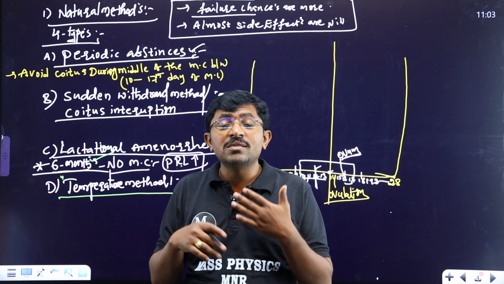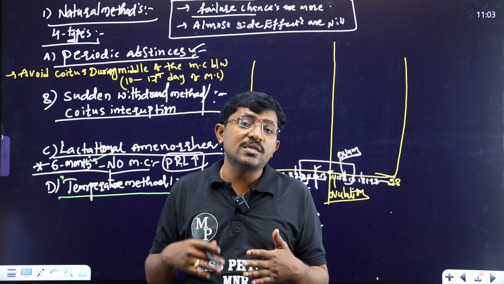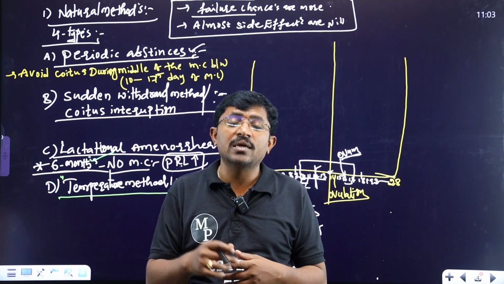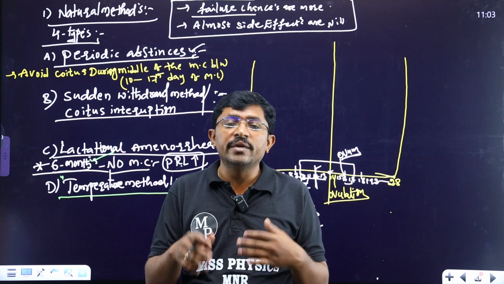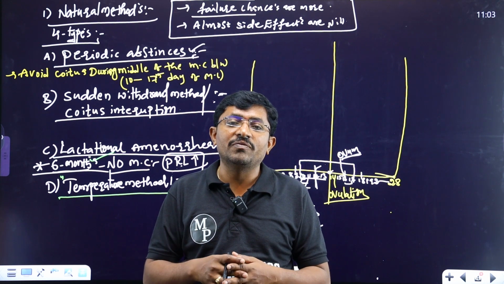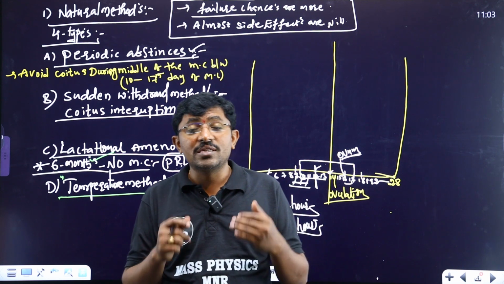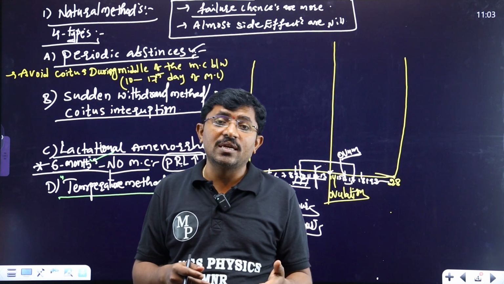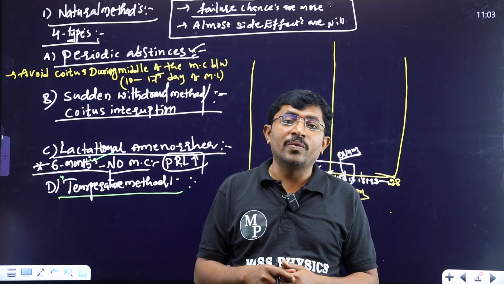When the woman's body is above 37 degrees Celsius, once the sperm is ejaculated into the female reproductive tract, under the high temperature, the sperm cannot survive. Immediately the sperm can die inside the female reproductive tract. So when the sperm die inside the uterus or in the vagina, what happens here? The sperm does not reach the fallopian tube.